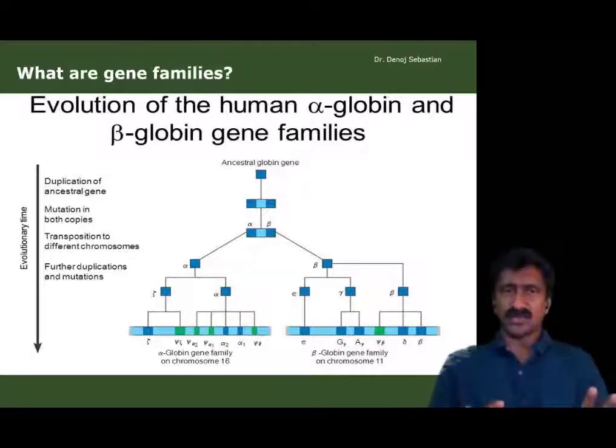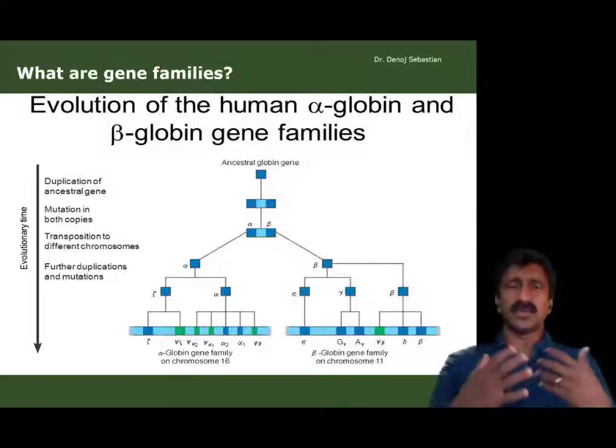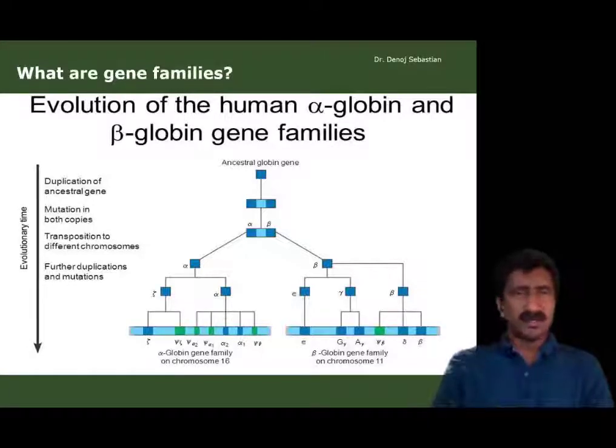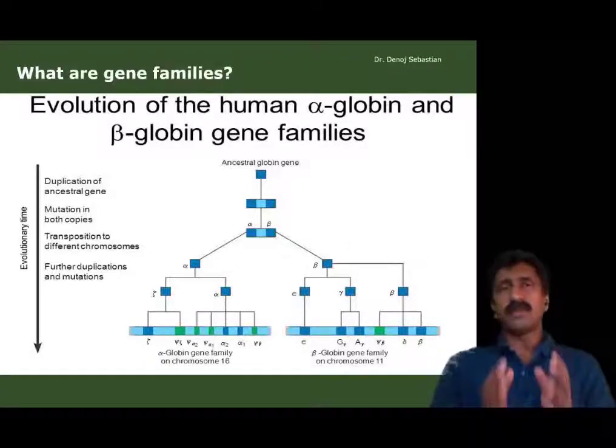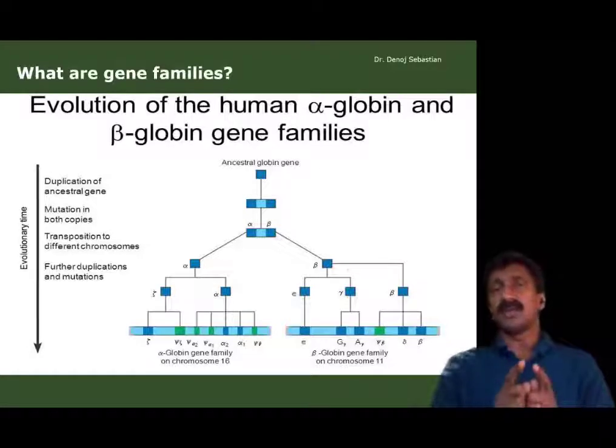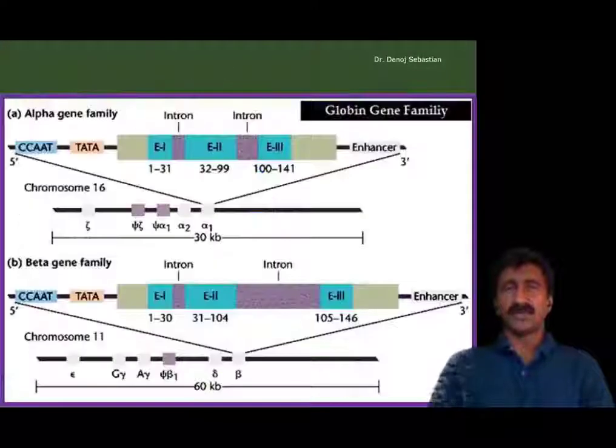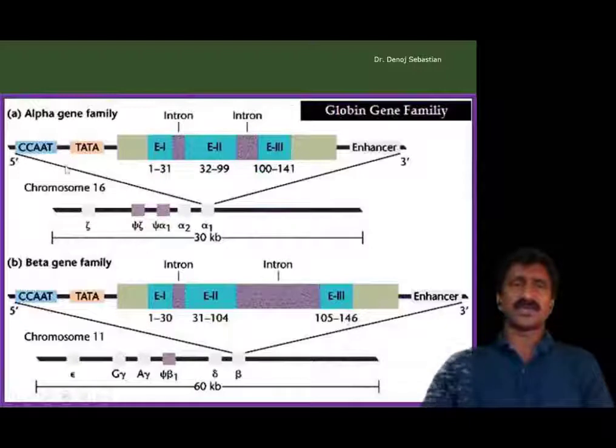Then subsequent mutations resulted in the production of multiple or different types, or variants, of that particular family members under the alpha globin and beta globin family. So these family members share a common evolutionary ancestry for all the family members of the gene family.